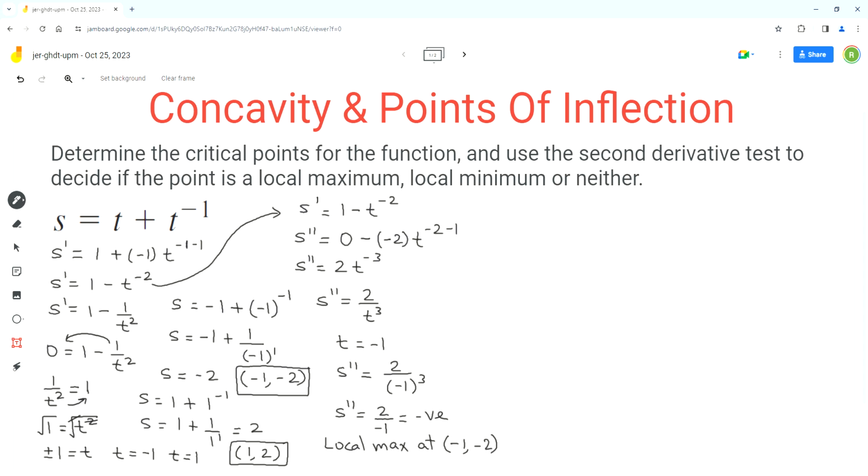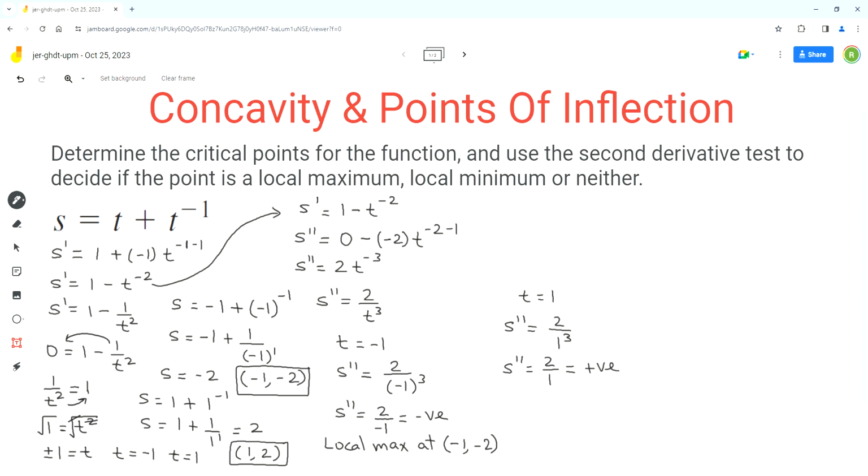Now we can do the test at the other t value. So t equals 1. We sub in t equals 1 in the second derivative. And we know 1 cubed is equal to 1. So we'll get a positive value.